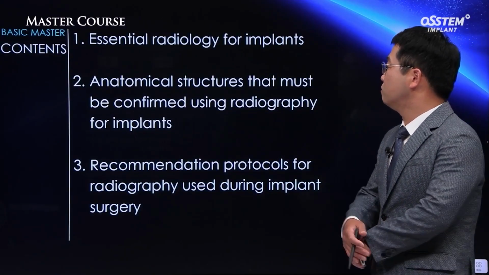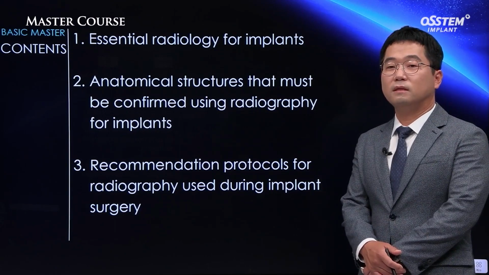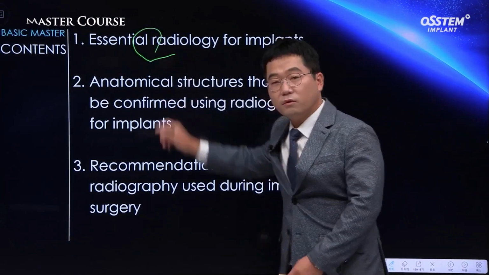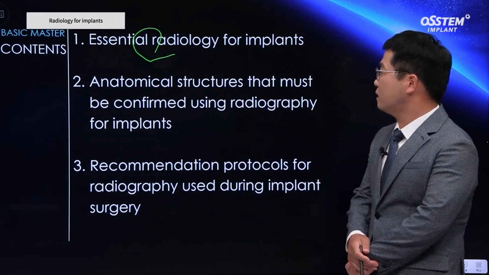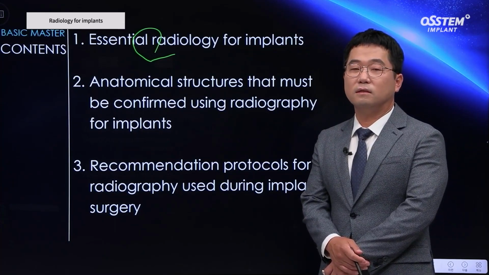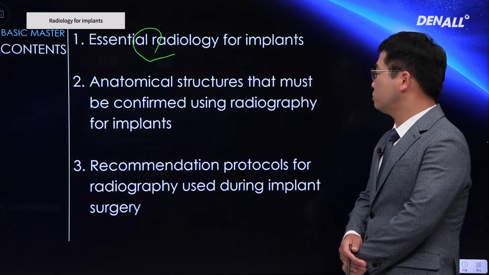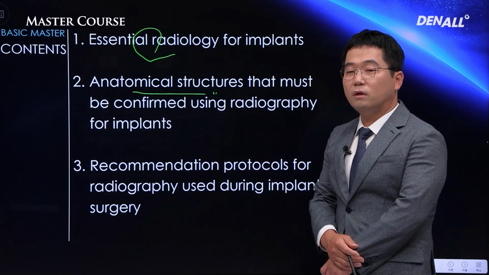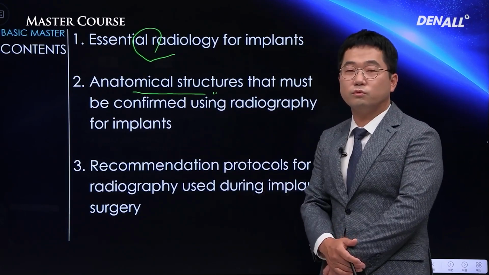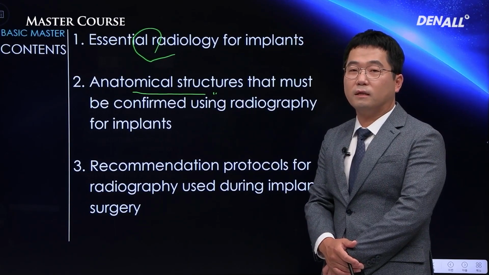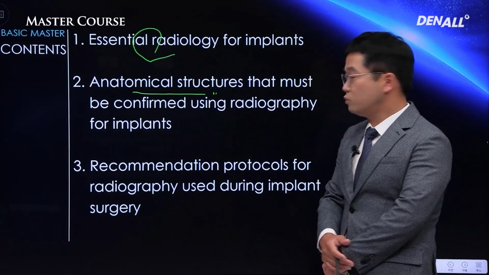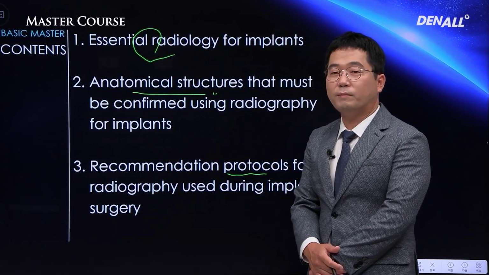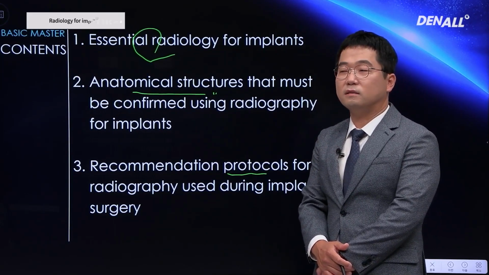Let's look at the contents. First is essential radiology for implants. Second, anatomical structures that must be confirmed using radiology for implants, both for the upper and the lower. This must be confirmed before surgery, during, and after surgery, and in the prosthodontic phase. There are three recommended X-ray protocols that should be used: CT, panoramic image, and periapical image.